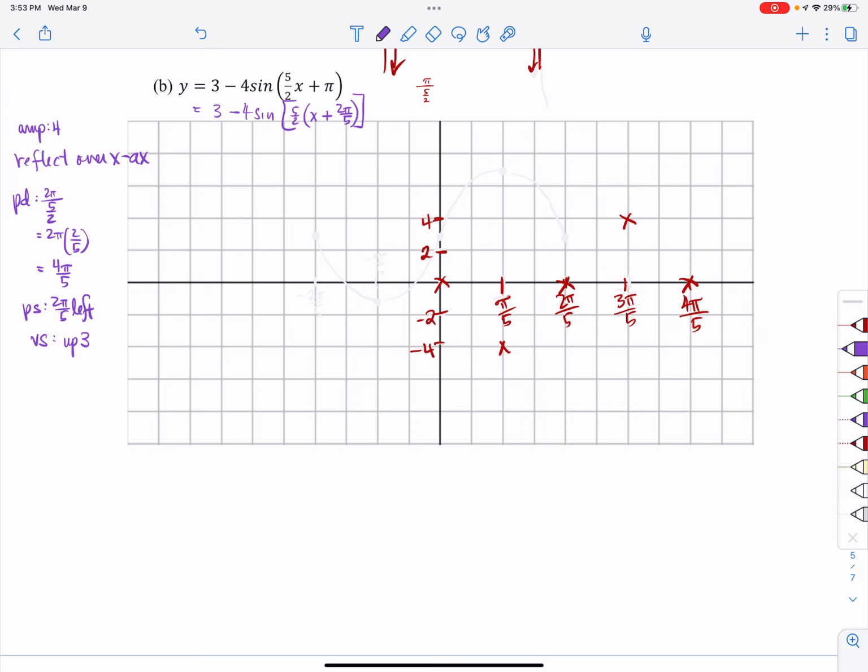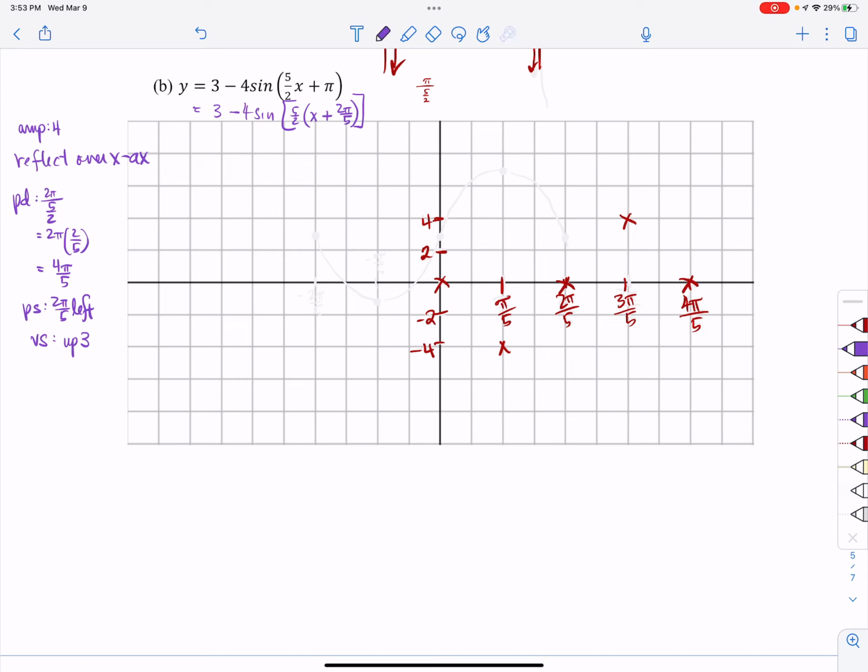So the next thing we want to do is we want to shift 2 pi over 5 to the left. That's 4 blocks left. And I also want to shift up 3 units. So each value is going to shift 4 blocks to the left and 3 units upwards.